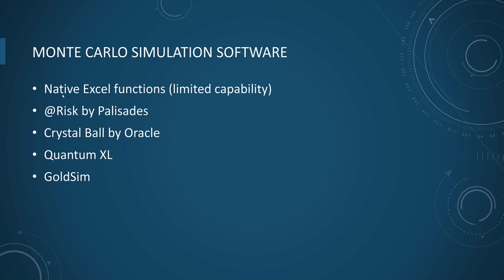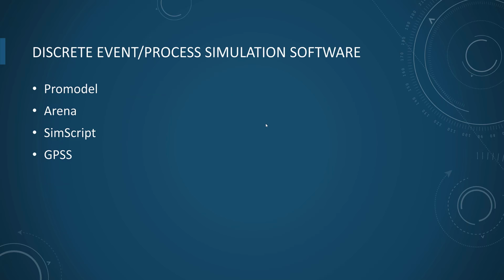We will see some examples of that. Or you can use one of the many simulation software platforms available, and I have listed a few here. We will be using @RISK by Palisade. That's what we're going to be using for this class for Monte Carlo simulation.